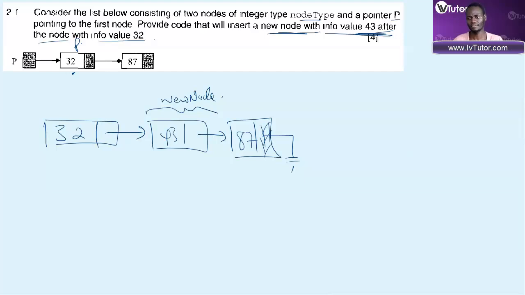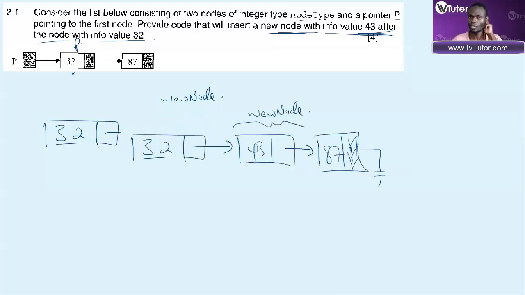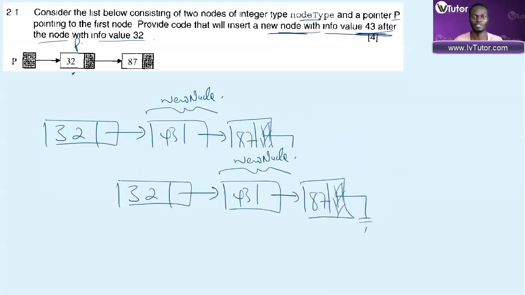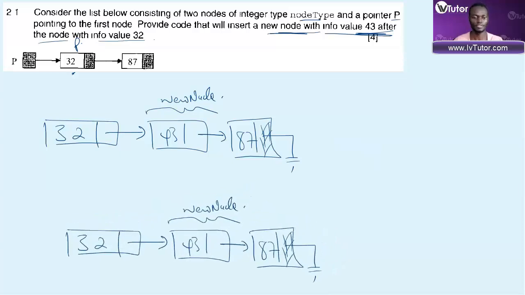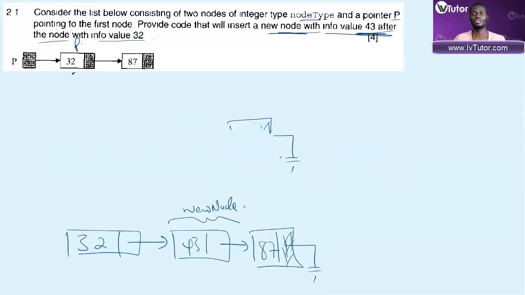So if we look at this, let's just move this downwards here, and then we'll work our way to this. And then let's erase this actually, because we've got it now. So you can start by saying the first thing I want to do is to introduce a new node.